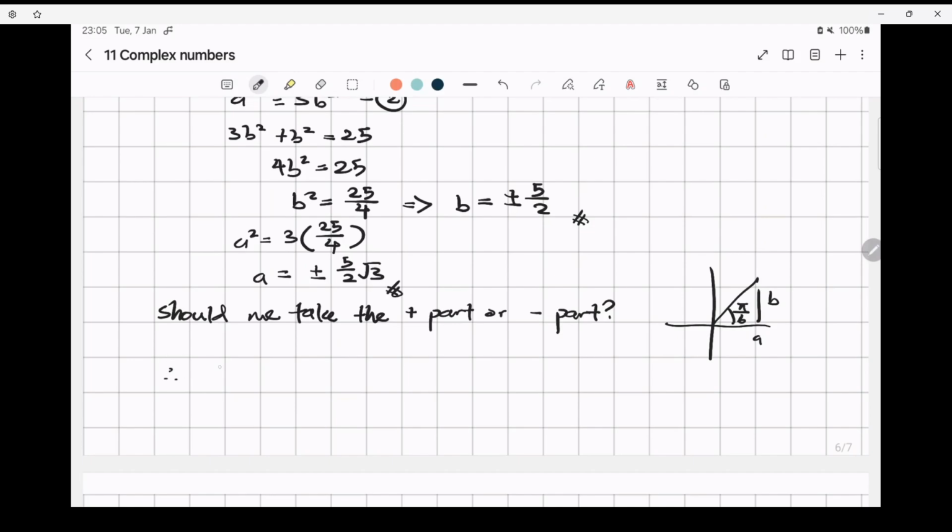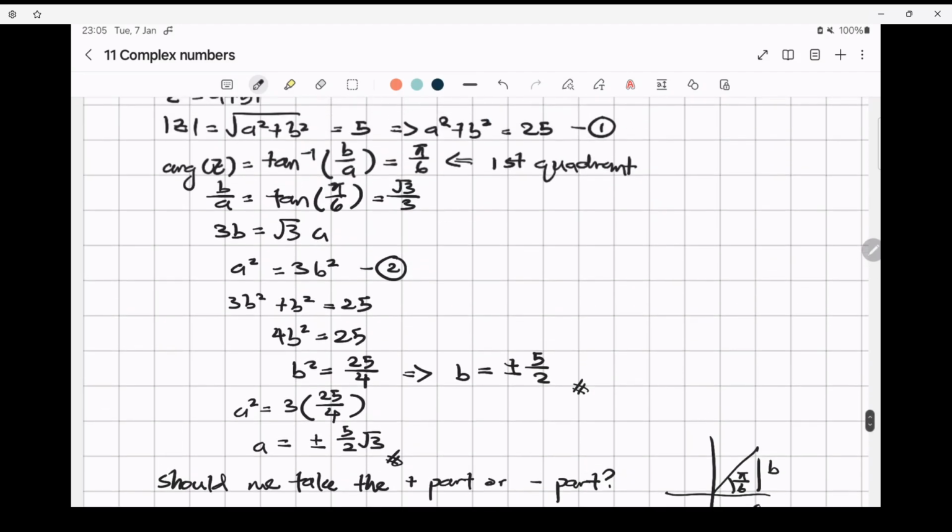Therefore, you need to reject the negative part, and a will be equal to 5 square root 3 over 2. b will be equal to 5 over 2. So this is something that you need to be careful about.